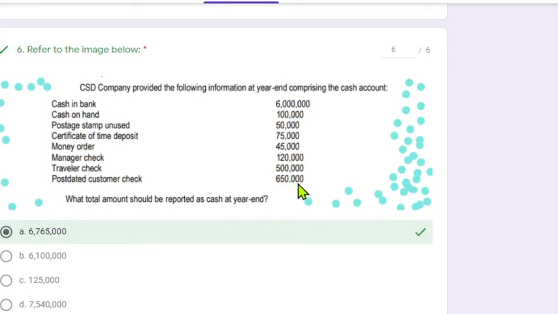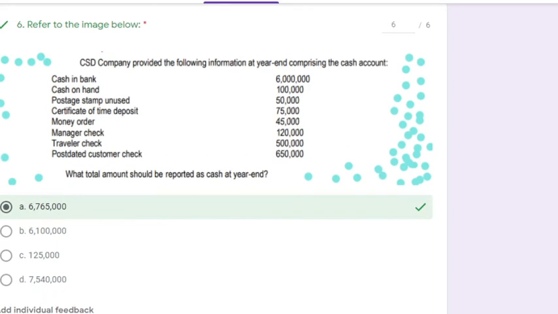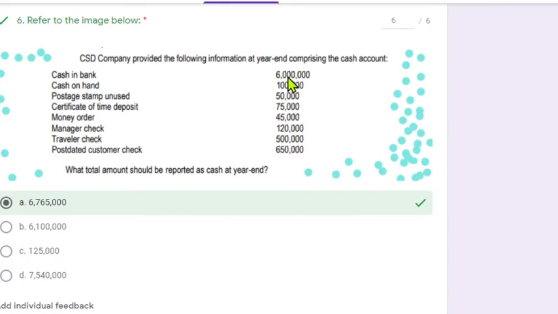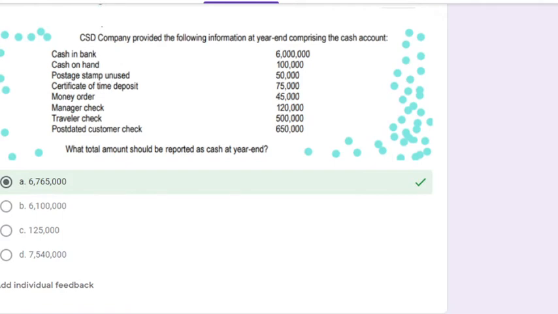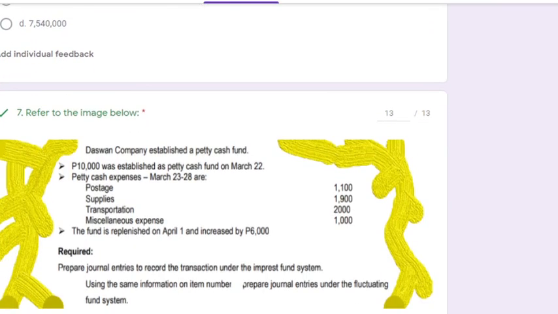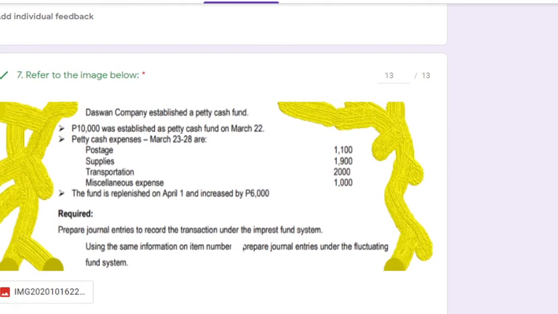Pag tinotal mo, it should be 6,765,000. Letter A. That is for 6 points. Tama ba? Okay, 6,765,000.